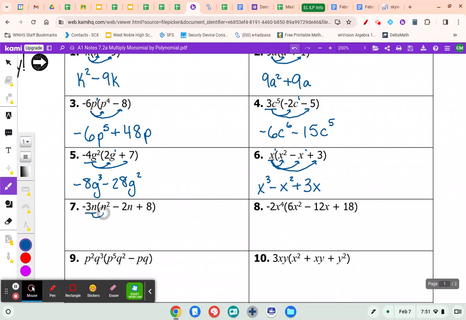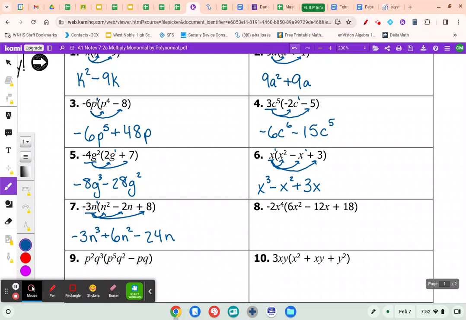Same idea. 3 terms in the polynomial to distribute to. The first term, we get -3n cubed plus 6n squared minus 24n. It's just piece by piece, multiplying each individually to come up with a new polynomial.